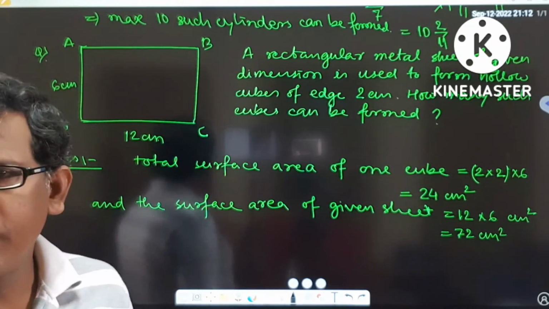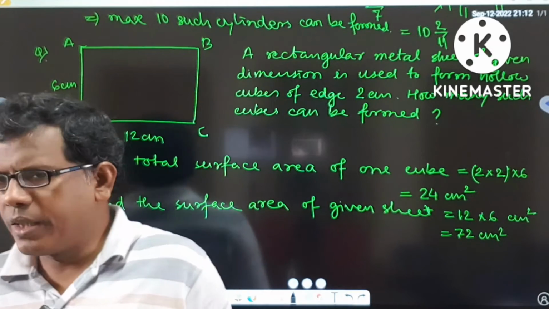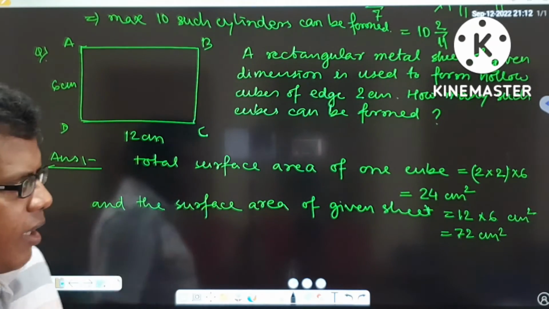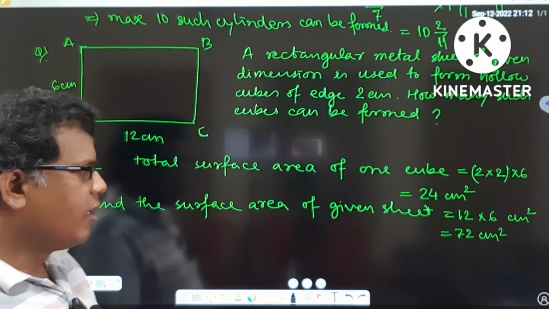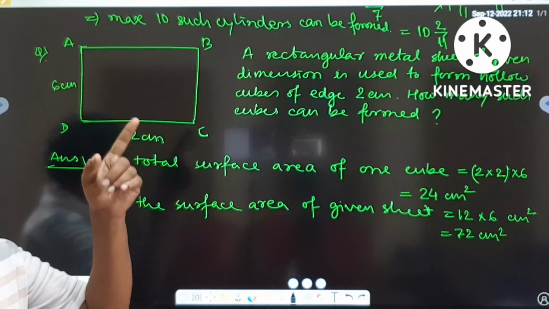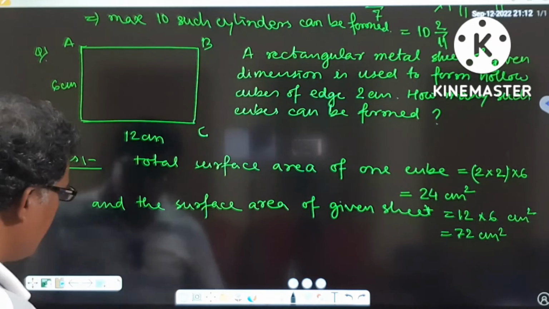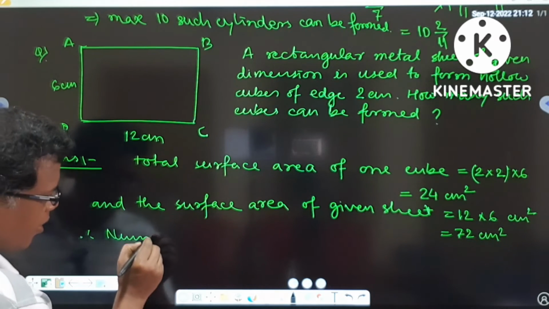So if one such hollow cube requires 24 centimeters square to make the closed geometry, so total plate area material to be used is 72.